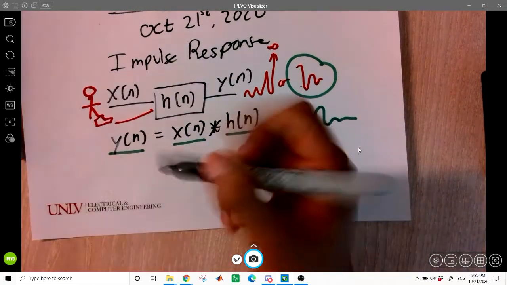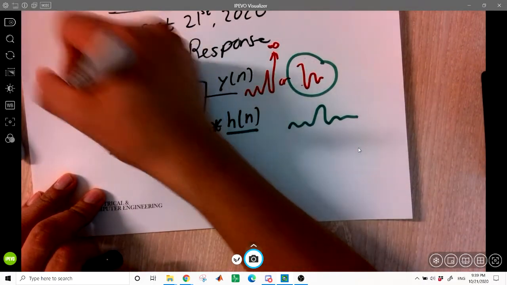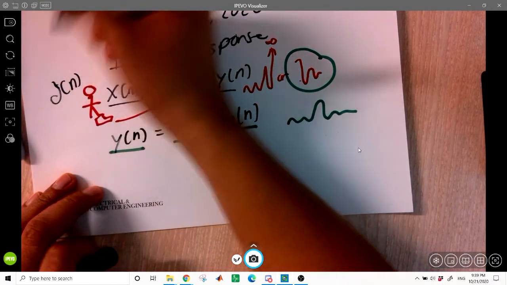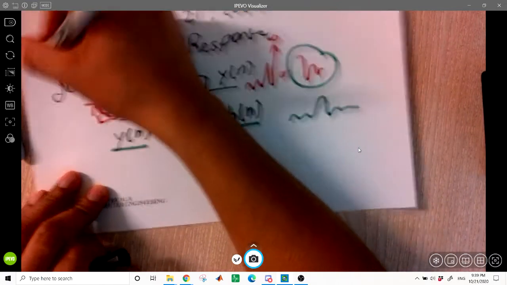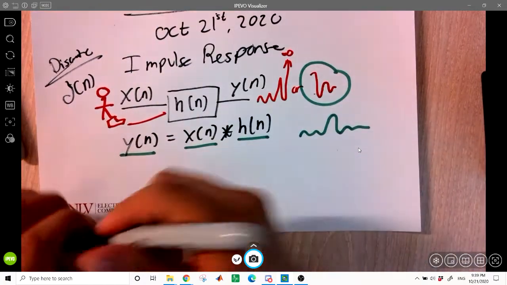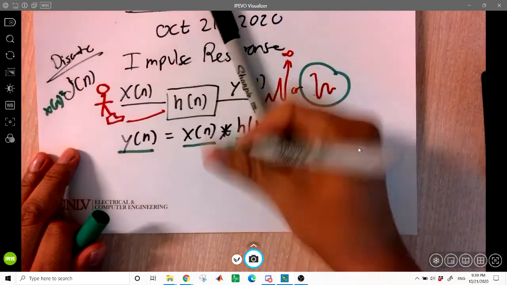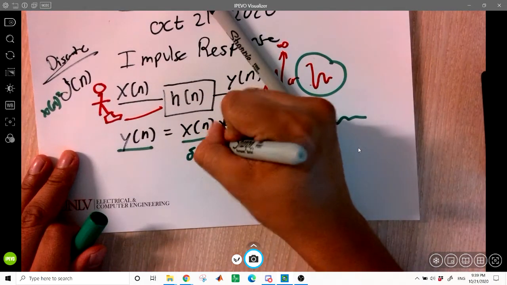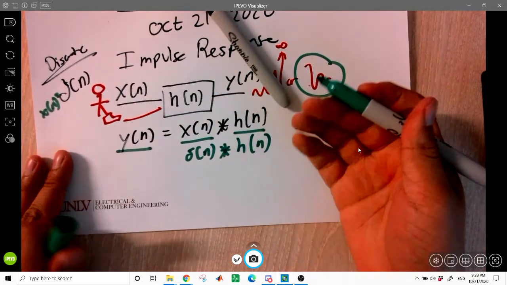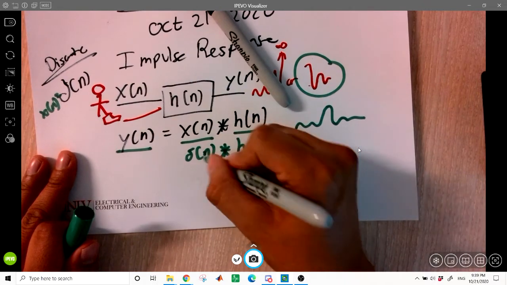Another theory we can think about is, suppose we model the kick. This kick is what we can call our Dirac delta, or Kronecker delta, because we are in the discrete domain. If we treat x of n as the Kronecker delta, what did you learn in signals and systems when you convolve the Kronecker delta with anything?